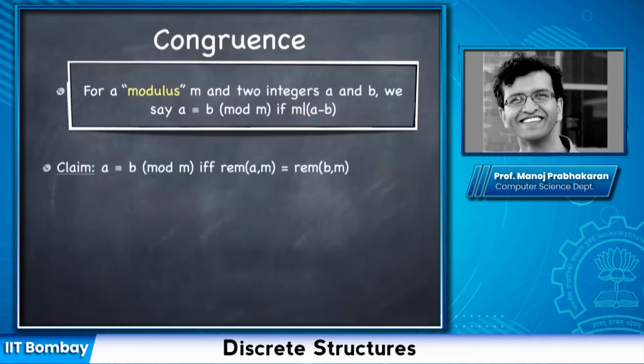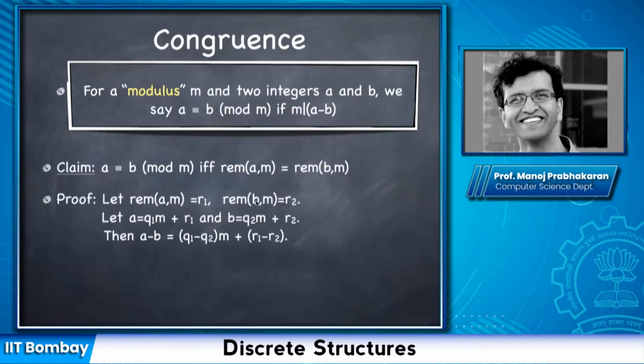Here's a claim: A and B are congruent to each other with respect to modulus m if and only if they leave the same remainder when divided by m. So the remainders are equal. Okay, so it's simple enough to prove.